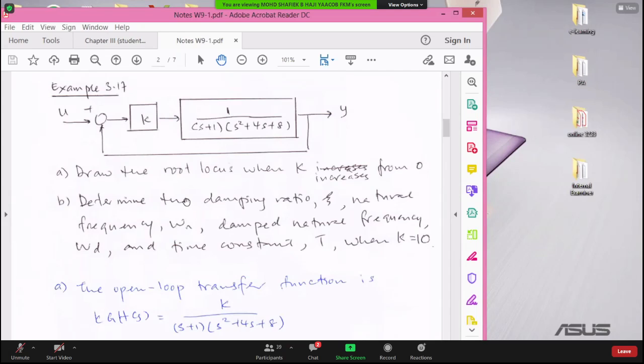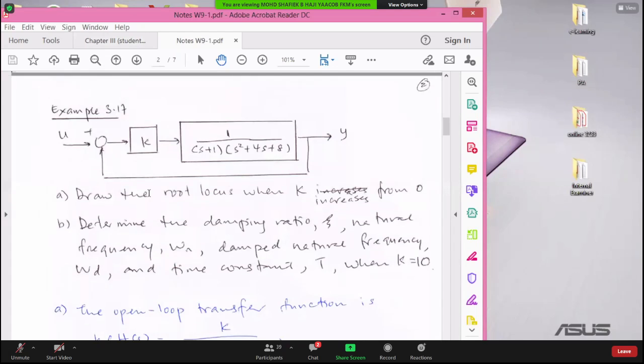So remember that this is the critical part. The first step is always the critical part. You draw the locus diagram from the open loop transfer function. Do not obtain the closed loop transfer function, Y divided by U, using G divided by 1 plus GH.